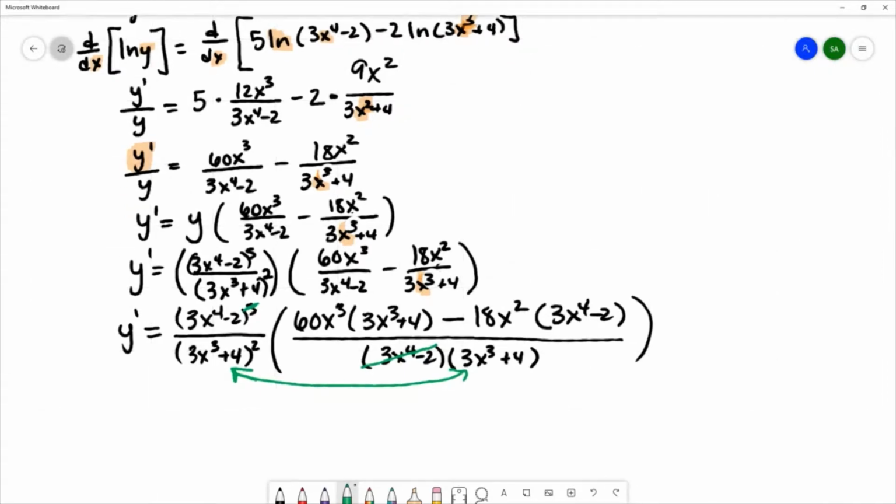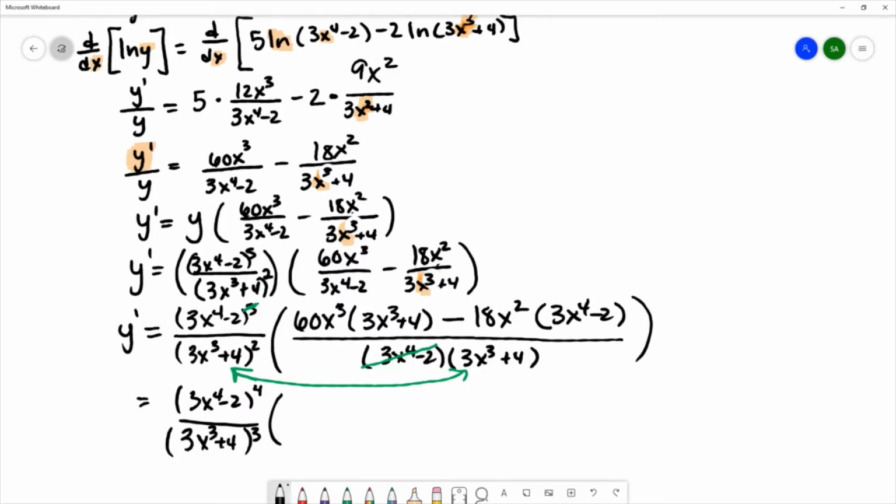So that's going to give you 3x to the fourth minus 2 over 3, and that's to the fourth power, and 3x cubed plus 4 to the third power. And then we just need to do a little bit of simplifying in the numerator here.